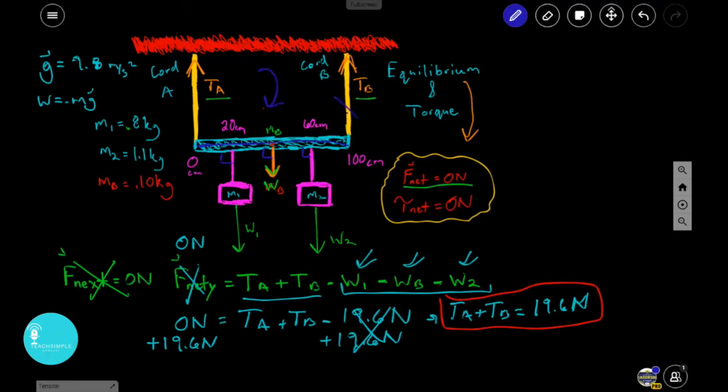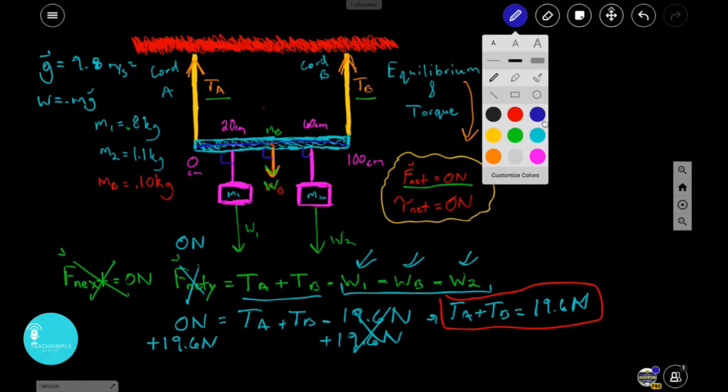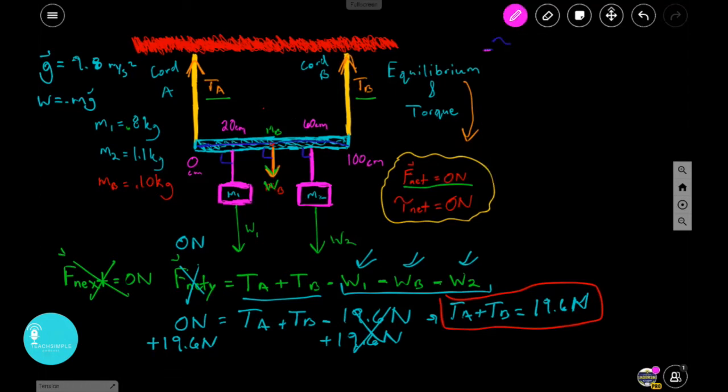So imagine if this tension wasn't here, the bar would pretty much rotate in a clockwise motion because it has these weights, right? And so we have to account for that direction. So we call that positive, we call that negative torque. So negative tau is when it is clockwise.